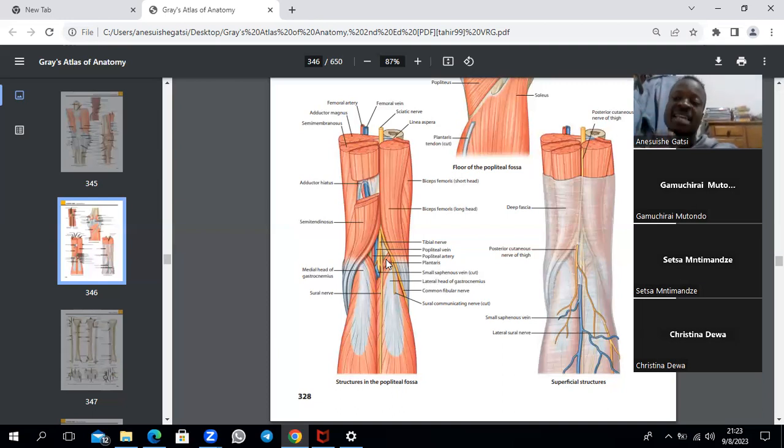So popliteal artery divides into a larger posterior tibial artery and a smaller anterior tibial artery. Anterior tibial artery will supply the anterior compartment of the leg. Posterior tibial artery will supply the posterior compartment of the leg plus the lateral.